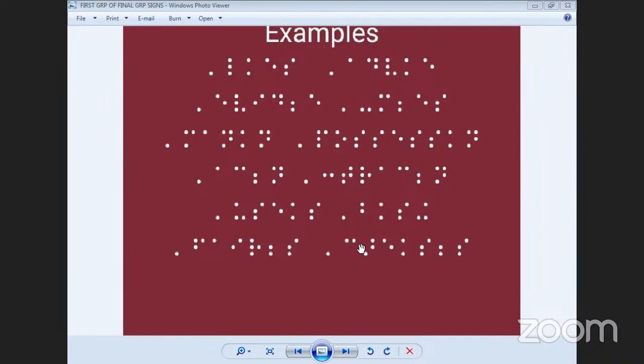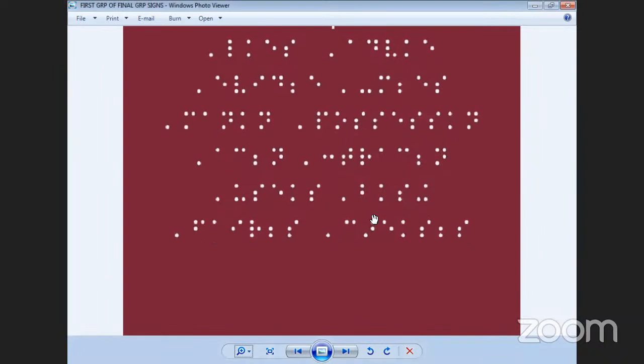We have C, then AR is contracted, then E, and then dots 46 S for less, dots 56 S for ness. Carelessness. So that is the very first group of contractions of the final group signs.